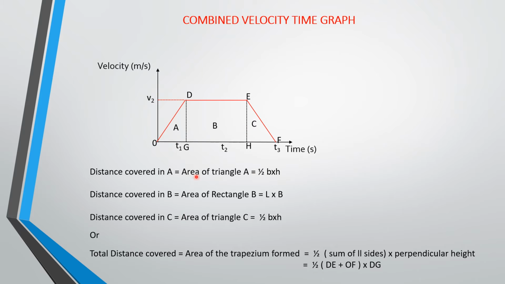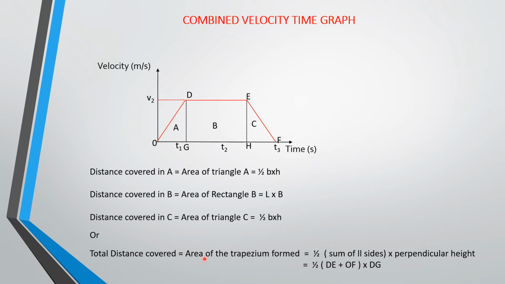Now, if you look at this particular shape very closely, you will see that ODEF is the shape of a trapezium. So ordinarily, you can actually find the area of this shape by using the formula for the area of a trapezium.